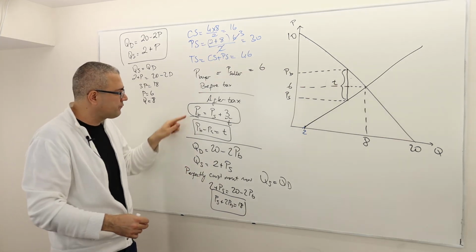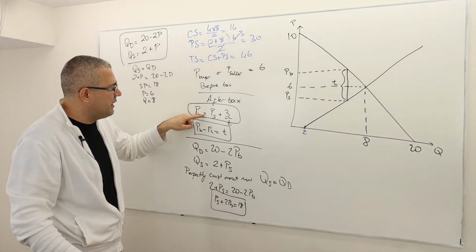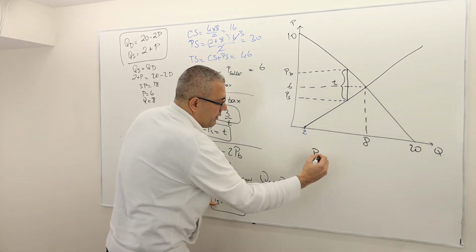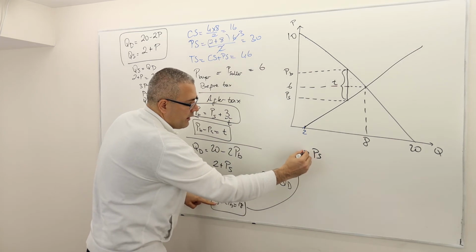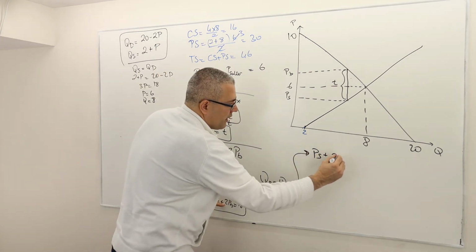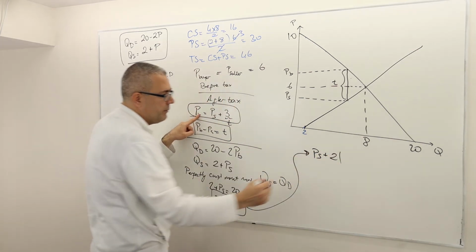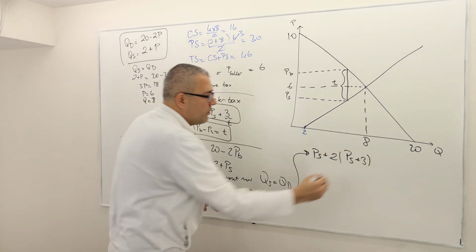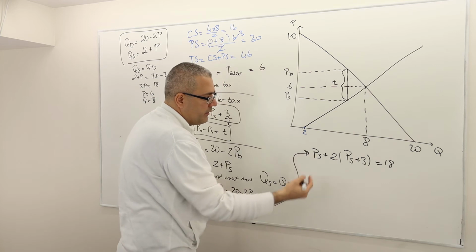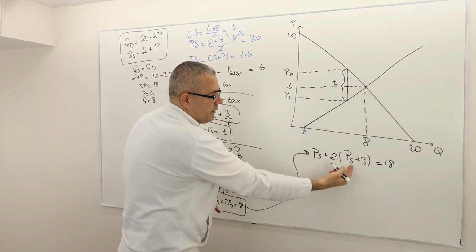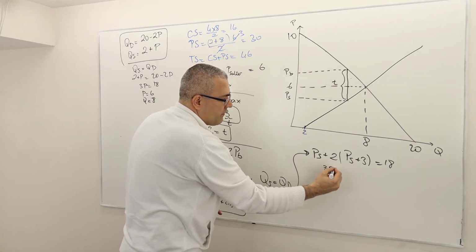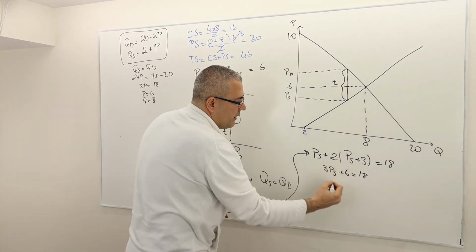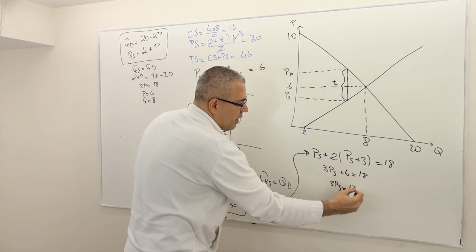Let's solve them. Whenever you see PB, just plug in PS plus 3. So this is PS plus 2 times PB, and whenever I see PB, I write PS plus 3, equals 18. Very good. If you simplify this, it's 3 PS plus 6 equals 18. 3 PS equals 12.